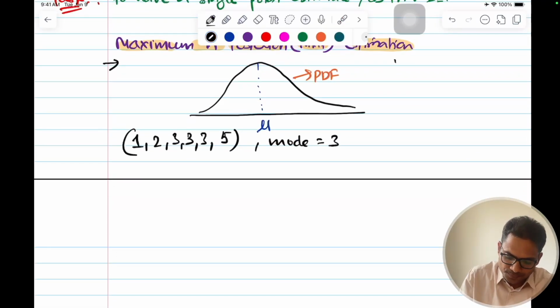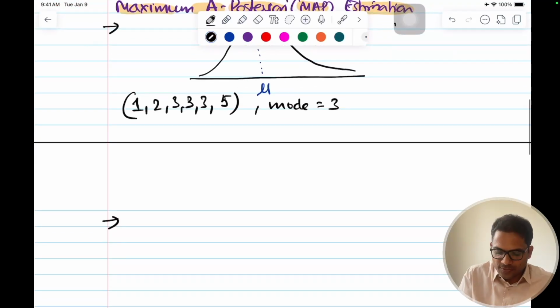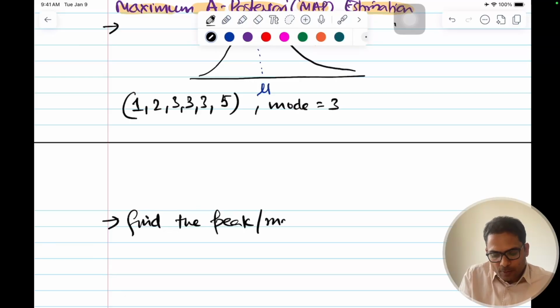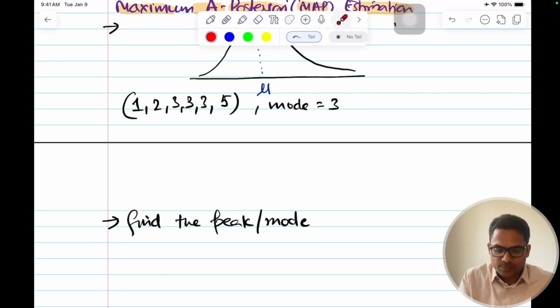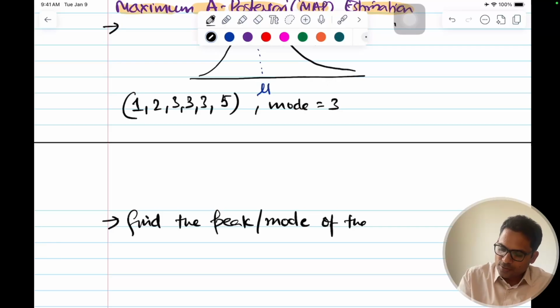Let me write it down. We will use this to find the peak or mode of the posterior distribution. I hope peak and mode are clear.